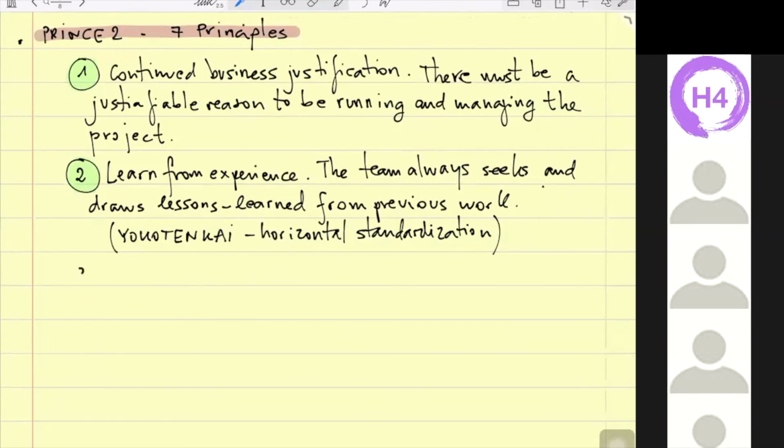So number 3, defined roles and responsibilities.